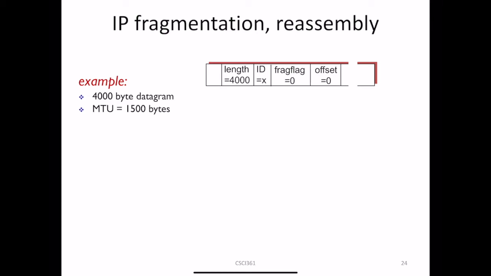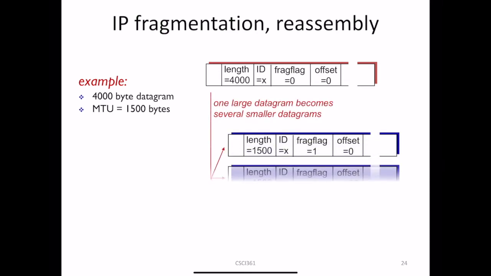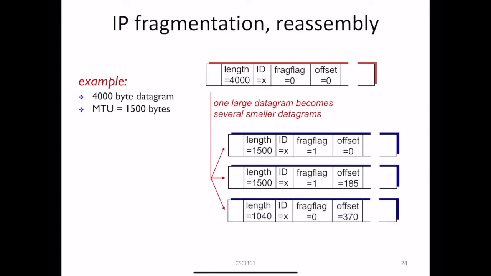Then the original larger 4,000-byte datagram will be divided into smaller pieces. In this case, this bigger datagram will be divided into three pieces. For the first two smaller datagrams, each one will be 1500 bytes, and the third one is 1040 bytes.